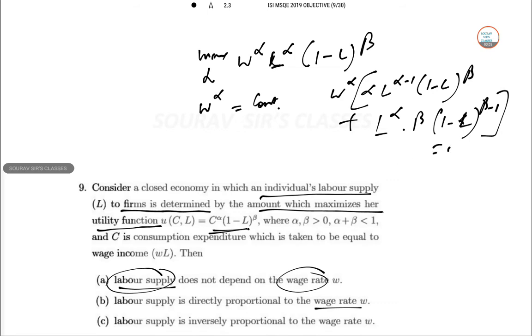This thing equated with 0 will give you the value L star equal to alpha by alpha plus beta. So this doesn't depend on the wage rate, it is independent. So labor supply does not depend on wage rate. Direct answer A.